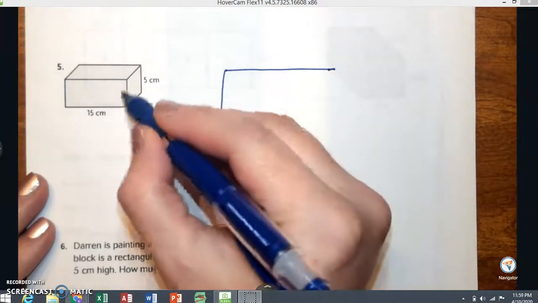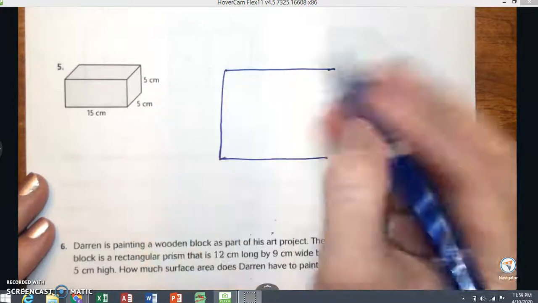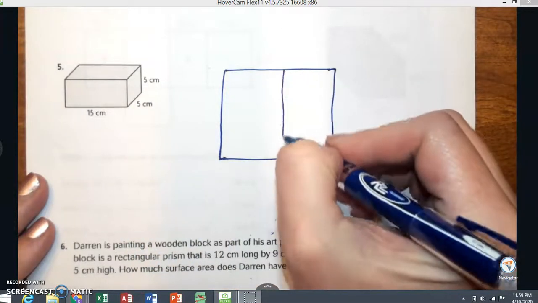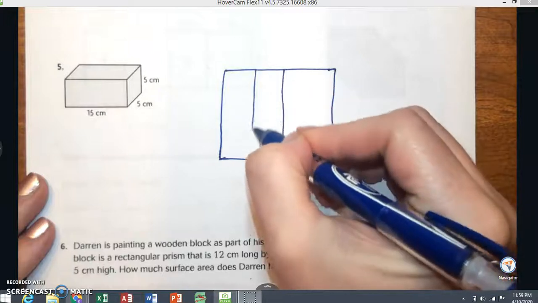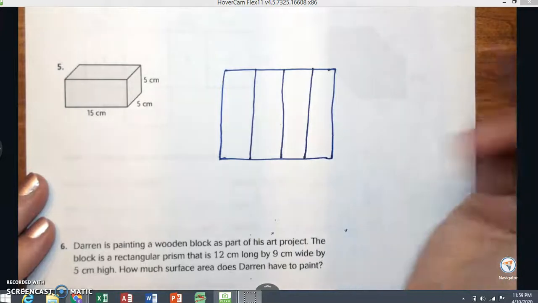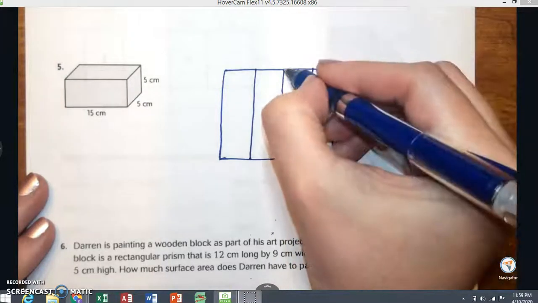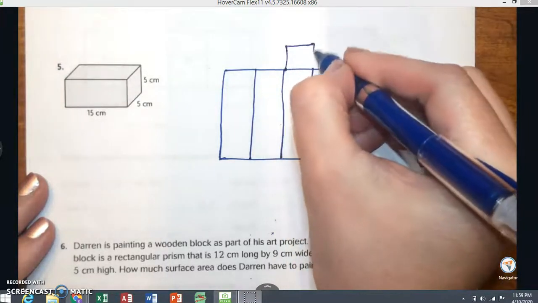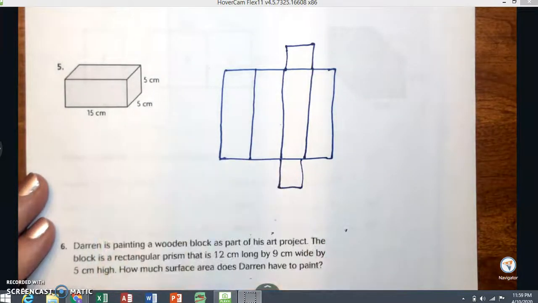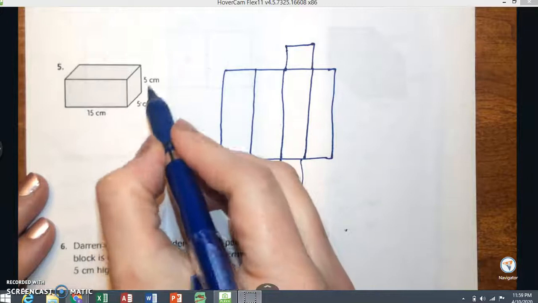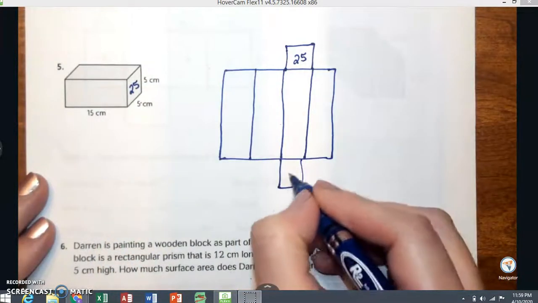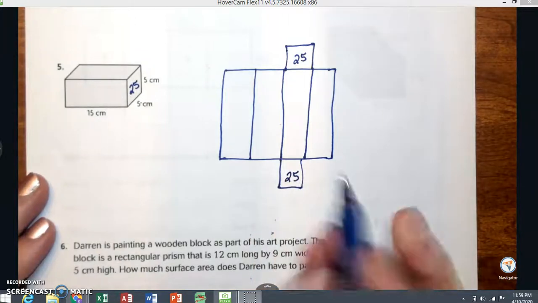Oh, that's a square, so the rectangles will all be the same, so that helps. Alright, so what I'm going to do is I'm going to start with my squares there. So 5 times 5 is going to give me 25. So here's 25, here's 25.